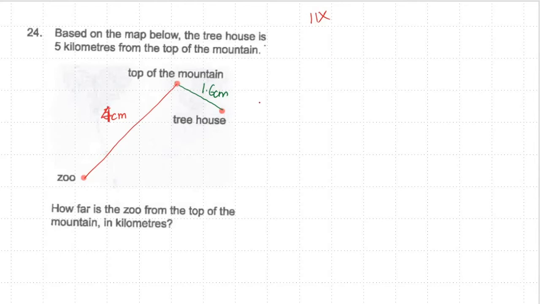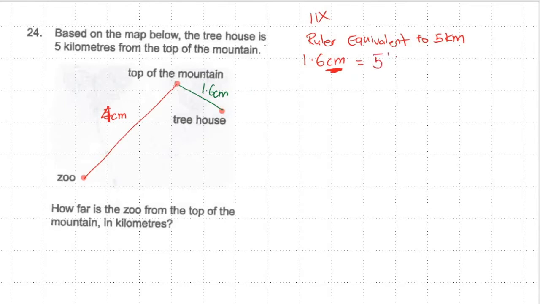Okay, so how this works is, it says that the tree house is 5 kilometer to the top of the mountain. So from here to here is actually 1.6 centimeter. See, it's different. So 1.6 centimeter on the ruler is equivalent, in this case, to 5 kilometer of real travel from the top of the mountain to the tree house.